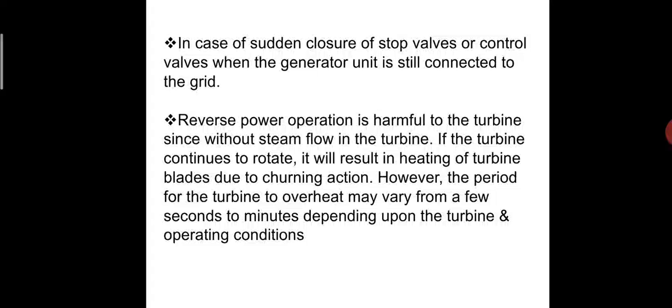If the turbine continues to rotate, it will result in heating of turbine blades due to charring action. However, the period for the turbine to overheat may vary from a few seconds to minutes, depending upon the turbine and operating conditions.